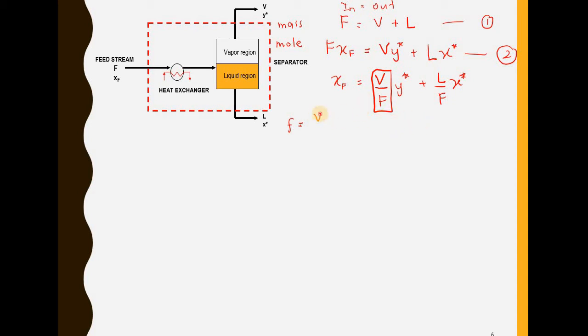So f is equal to V over F, the vapor portion divided by how much feed is entering, which tells you how much feed has become vapor, how much feed has been vaporized. That's why V over F is small f.